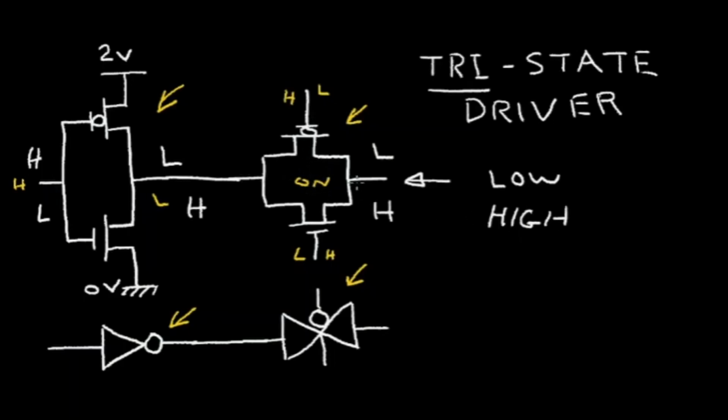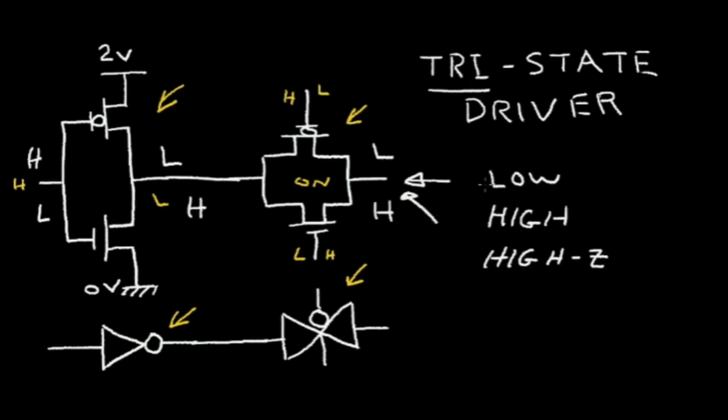There's no conduction. So the output of the inverter is isolated from this node. And that is called the third state, or the high Z state. And it's also called the high impedance state.